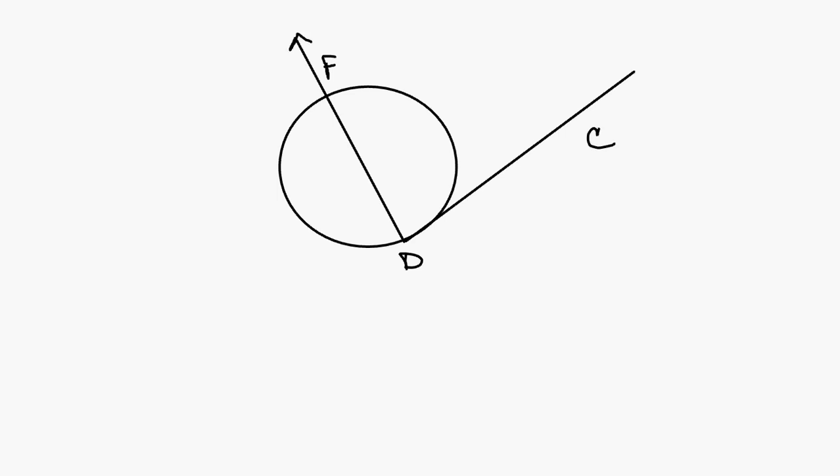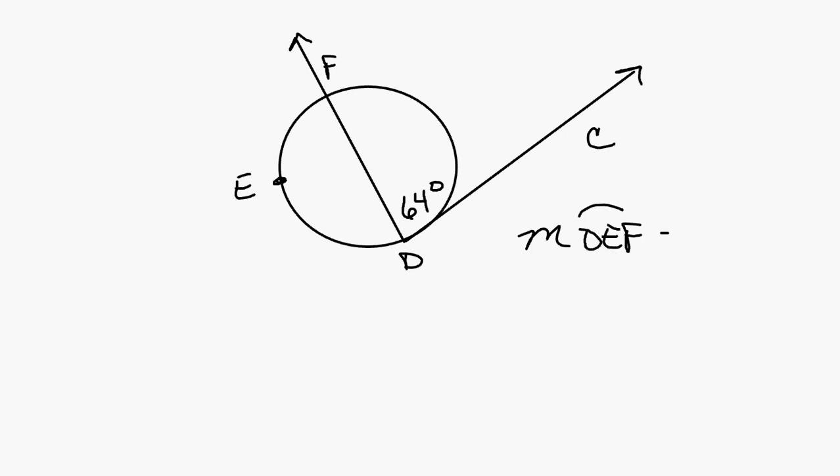D to F is a secant. D to C is a tangent. You're given this angle, 64 degrees. And you're asked to find the measure of arc DEF. And E is over here. The measure of arc DEF.